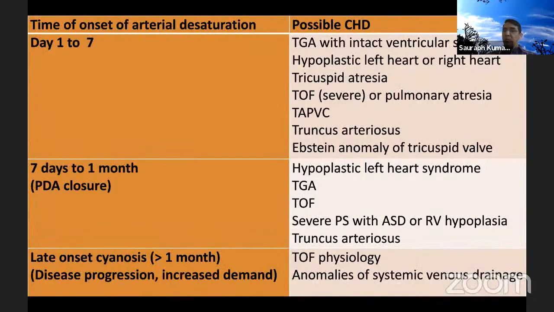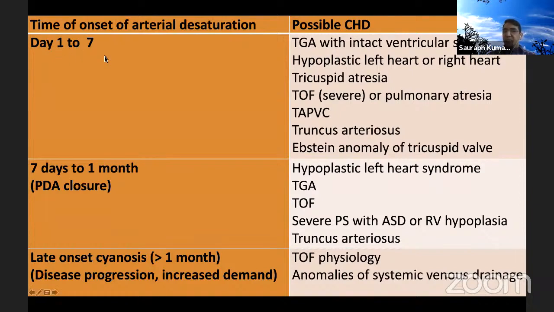Now, depending upon when the arterial desaturation has appeared, there are various conditions. For most candidates from a cardiology background this may not be absolutely necessary, but it gives a clue about which diseases are possible if the history is very clear.